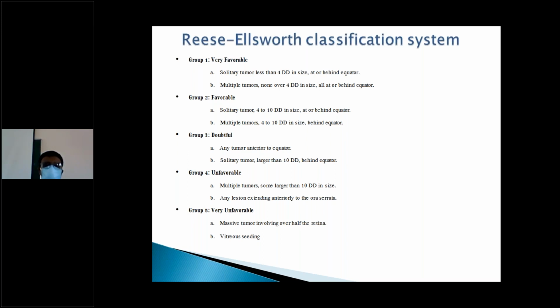Group 4 is unfavorable prognosis, with multiple tumors, some larger than 10 disc diameters in size, or any lesion extending anterior to the ora serrata of the retina. Group 5 is very unfavorable prognosis: a massive tumor involving more than half of the retina, or vitreous seeding. This is the Reese-Ellsworth classification. It is outdated now and no longer considered, but remember it.